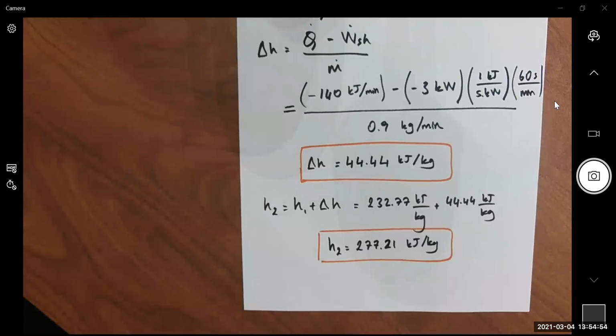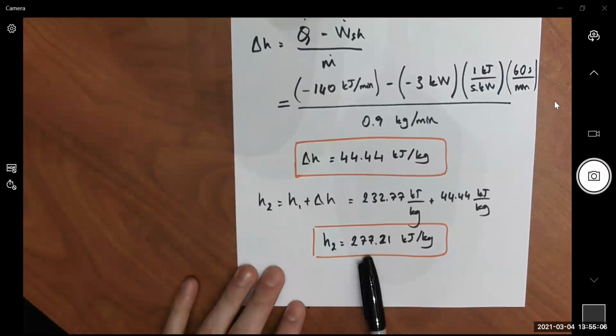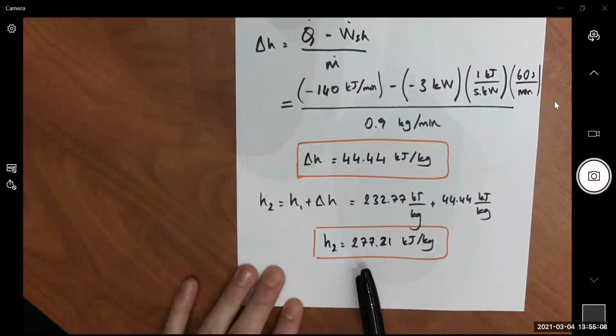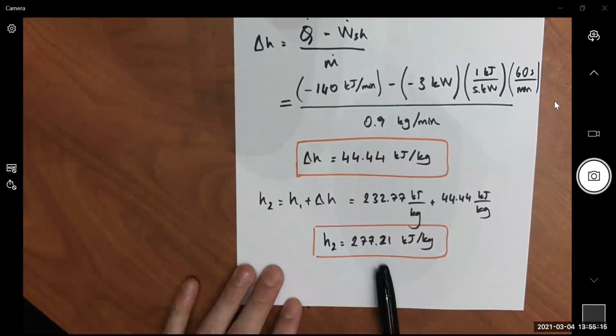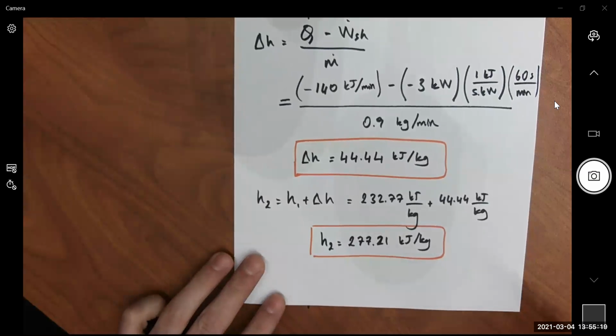What was my pressure at the outlet? It's 8 bar, right? If you go to the refrigerant 22 table, I know my exit enthalpy now. This exit enthalpy should exceed your saturated vapor enthalpy, which puts you in the superheated region, okay? So in the table, go to 8 bar in the superheated table, right?